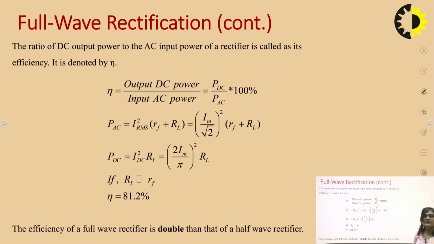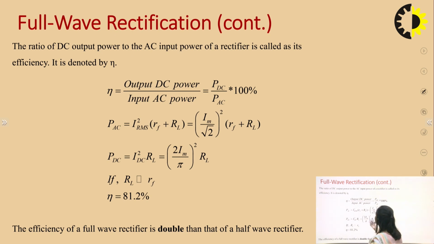After that, the full wave rectifier. In the case of the full wave rectifier we have to calculate the efficiency. The same formula applies: output DC power upon input AC power. The input AC power is calculated with the help of Irms square into (RF plus RL), and the output DC power is calculated as Idc square into RL.